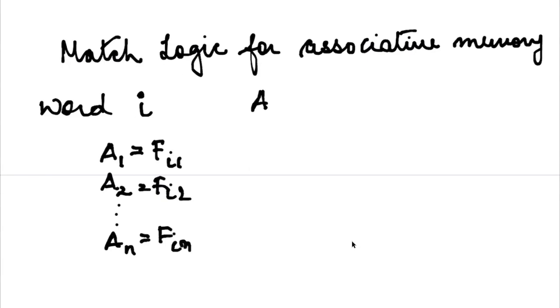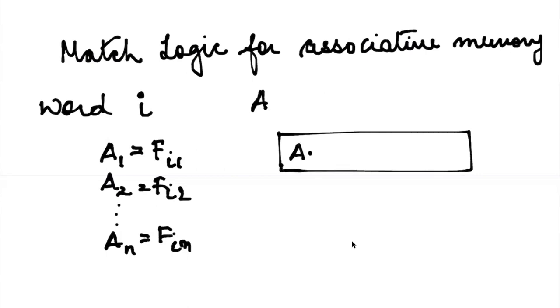That is, all the bits are the same. All the corresponding bits of the argument register and the flip-flops in a cell are the same.